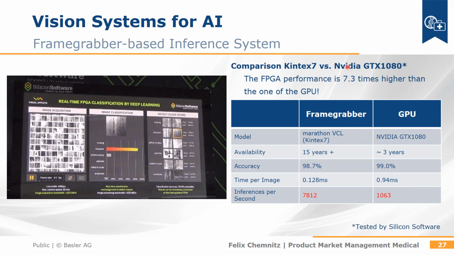So this means you have 7.3 times higher performance than you have with the GPU. And this makes it, in high throughput applications, so feasible or so interesting to use a frame grabber for this kind of inference systems.